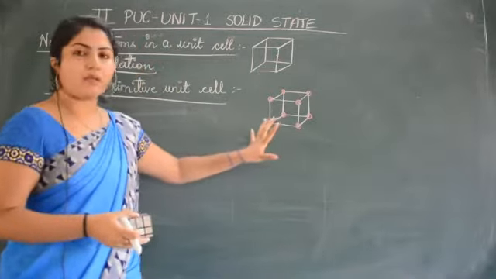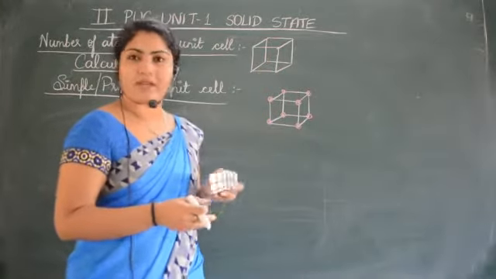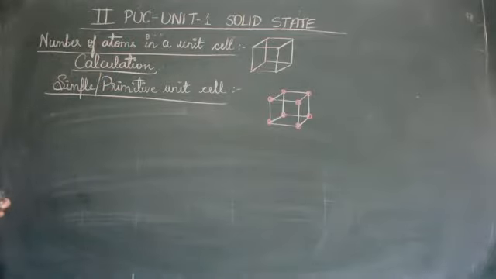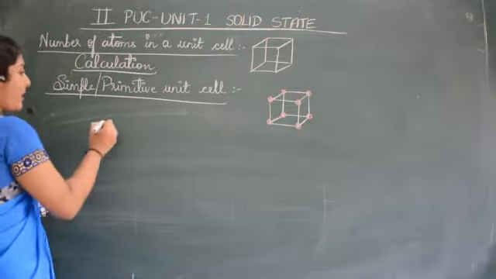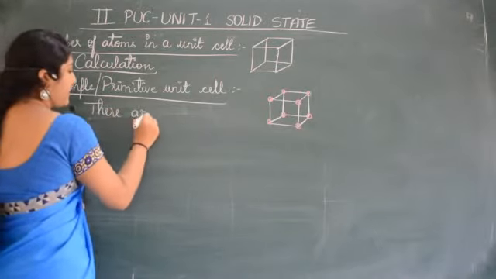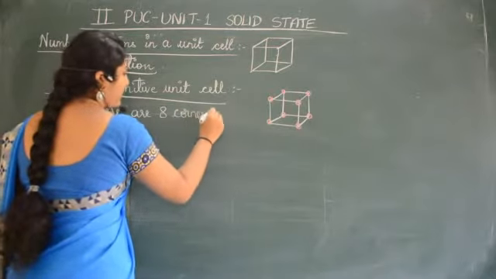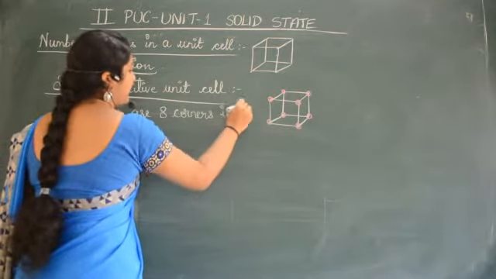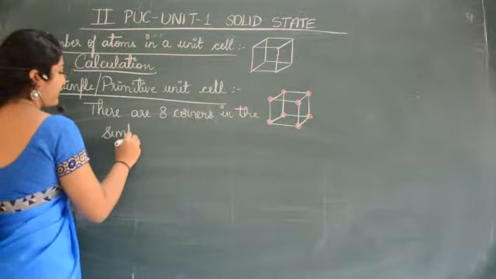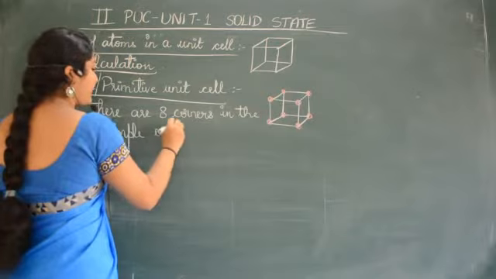Now I have to calculate how many atoms are present for a simple unit cell. So what should I do? You know how many corners there are? There are 8 corners in the simple unit cell, or any unit cell.